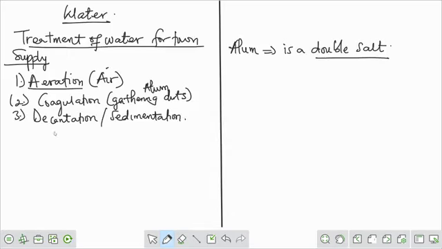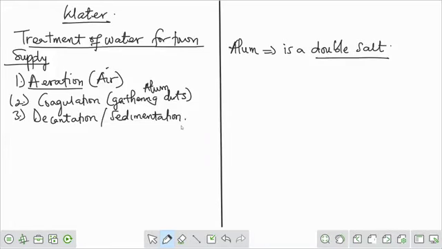Decantation or sedimentation. When we have water at home and we see dirt inside the water, we normally let the dirt go and stay downward. That is, we let the water settle.